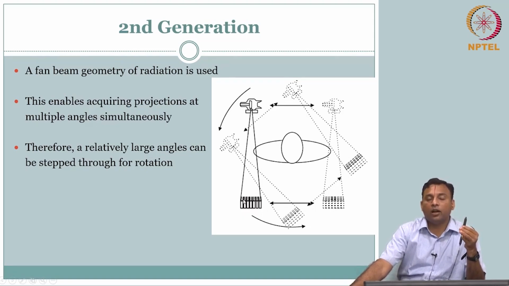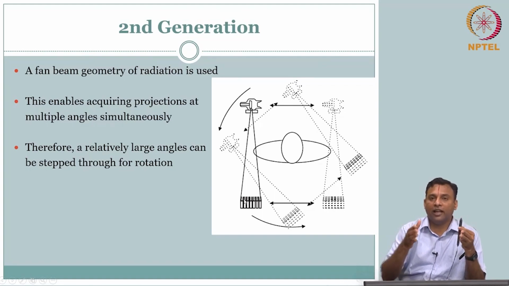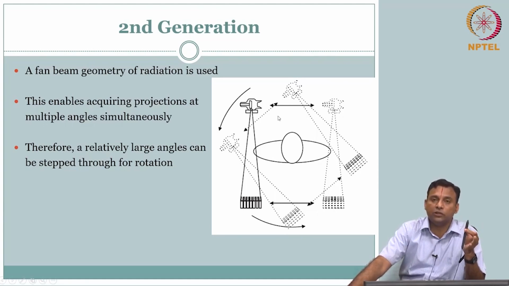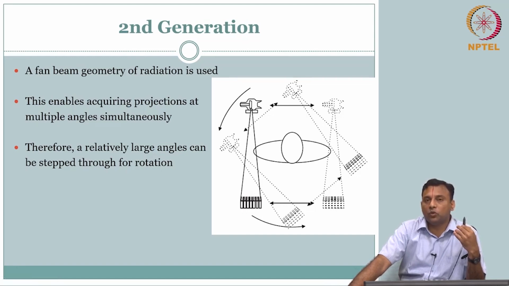Because you are not allowing all the signal, you have some threshold, you have some tolerance, you are accepting only through that. So for the same number of projections that you would use in your first generation, if you use it here, the quality goes down because Compton scattering is now coming into the picture. Okay, so the image quality goes down.